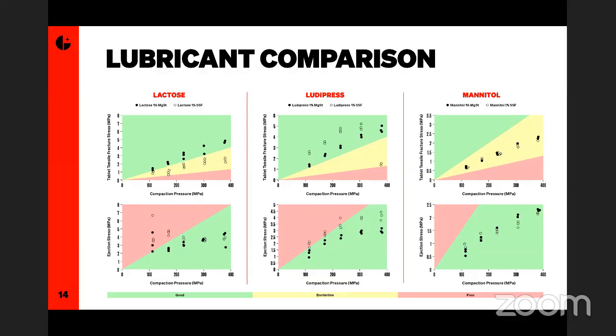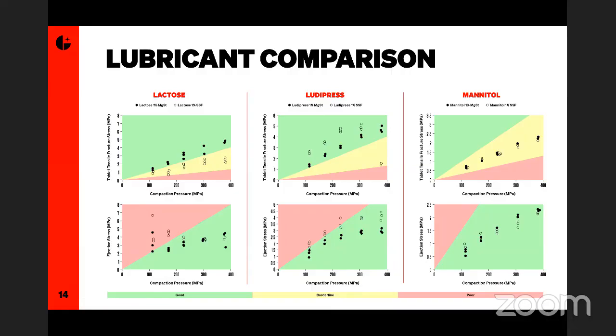The magnesium points are in black, and you can see from the top graph that the magnesium stearate tablets are definitely stronger than the SSF tablets across all the compaction pressures included in the study. So the magnesium stearate gives us stronger tablets.